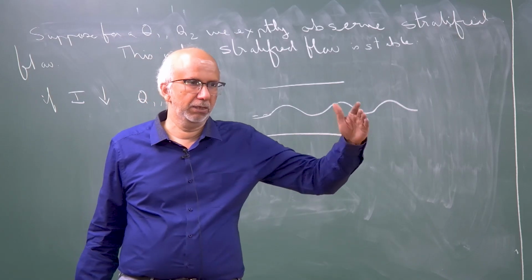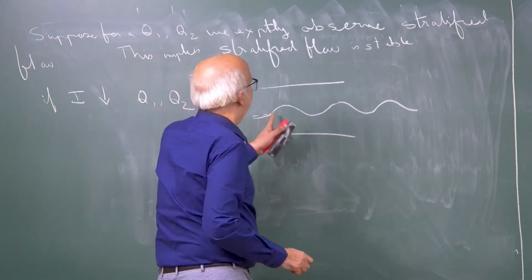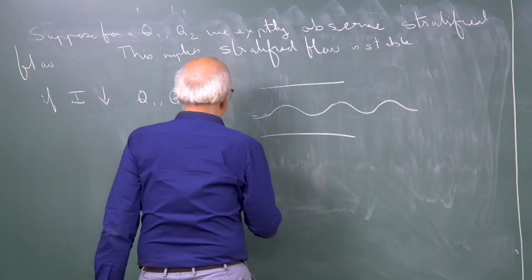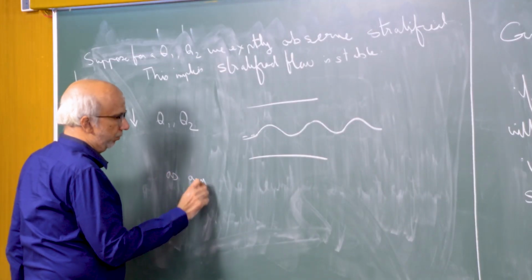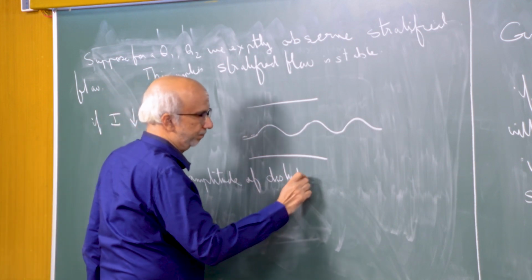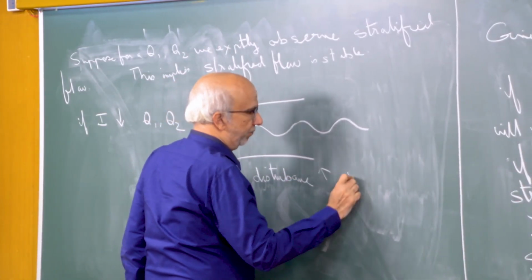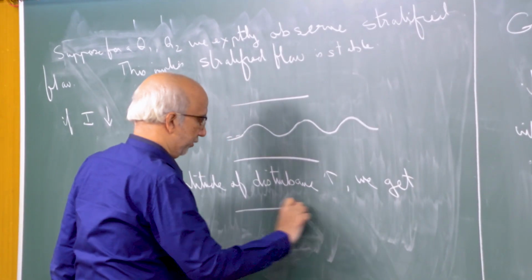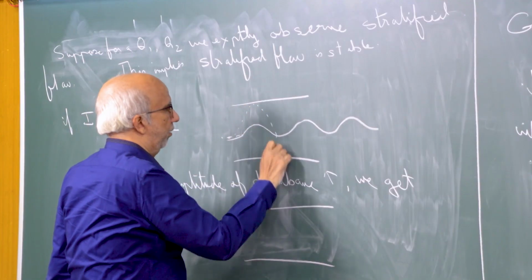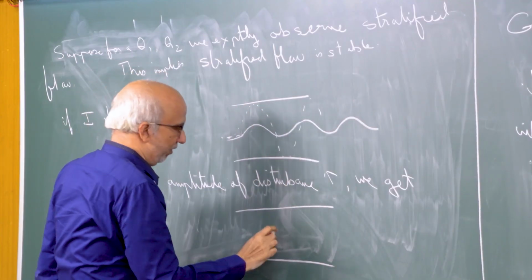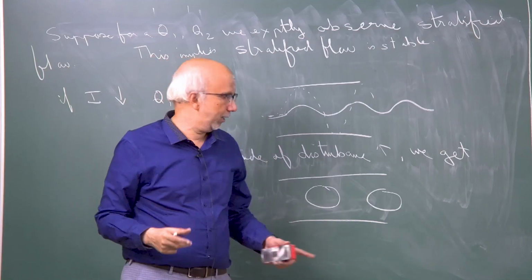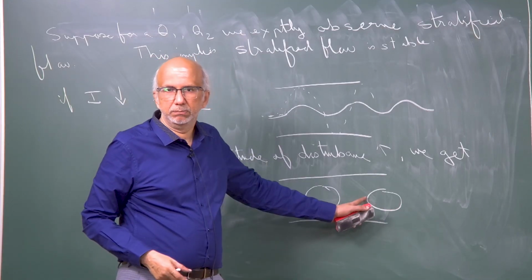The interface will start deforming, okay, and maybe the amplitude of this interface becomes very large, and as the amplitude of the disturbance increases, this one fluid may hit the wall, and it may break, and you may get drops of one fluid in the other, okay.